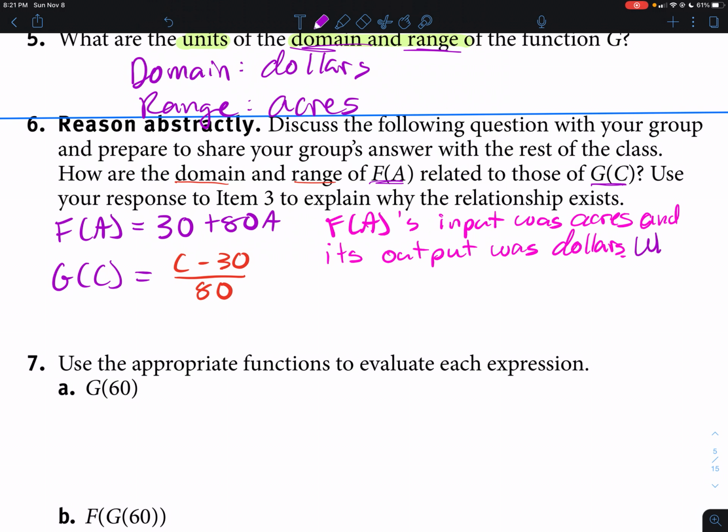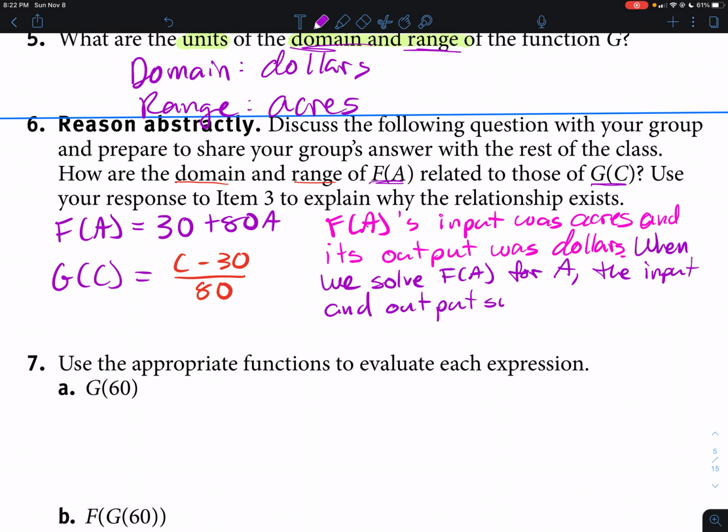When we solved f of a for a, the input and output switched.